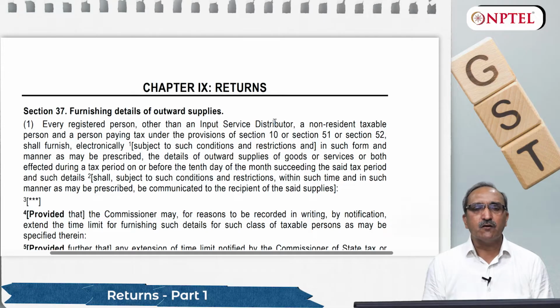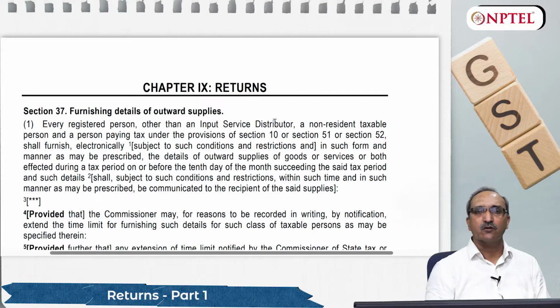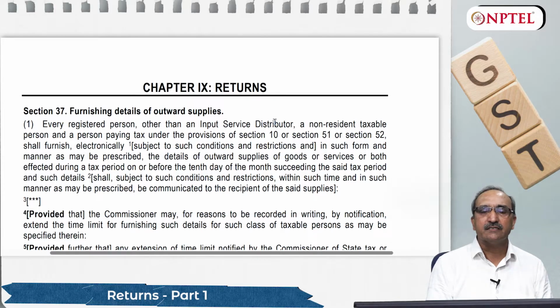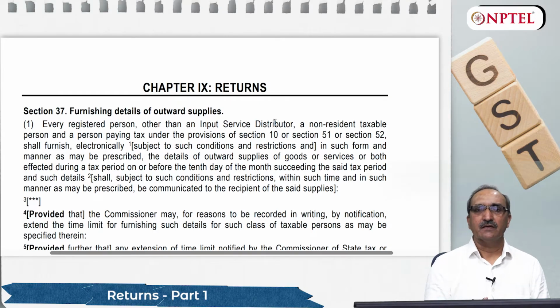So the meaning of this section is that every registered person other than these, meaning it does not include input service distributor, non-resident taxable person, a person paying tax under Section 10, that is a composite dealer, a person paying tax under TDS, or a person paying tax under TCS. So the other person means a normal businessman who is selling his goods, who is actually manufacturing or trading his goods; that person is covered under Section 37, subsection 1.